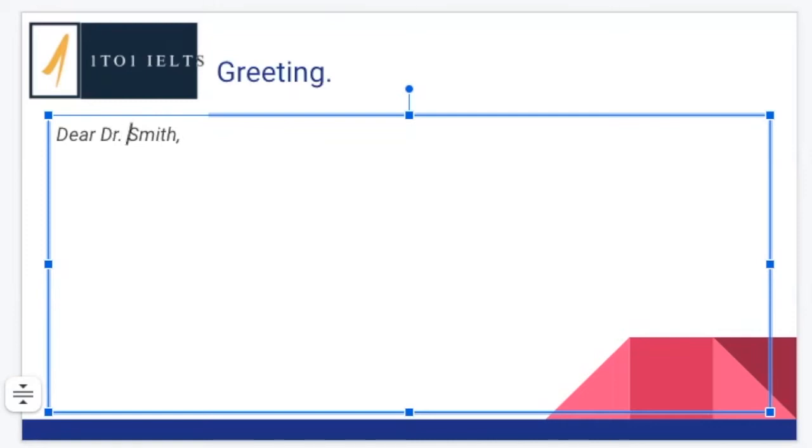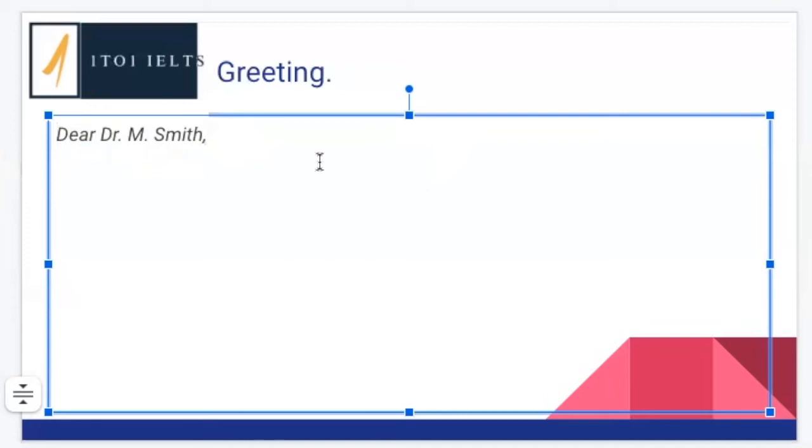Same if you were going to maybe just put an initial for their first name. So dear Dr. M. Smith. Again, after these full stops or commas, you want a space. And then I would recommend always using a comma on your greeting and always using a comma on your sign-off.